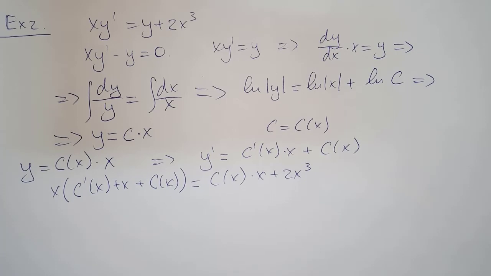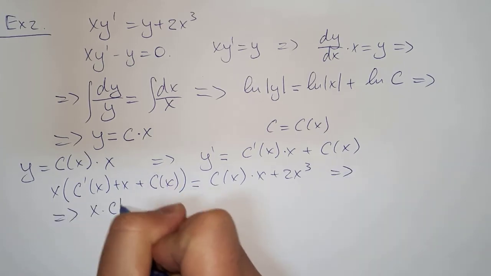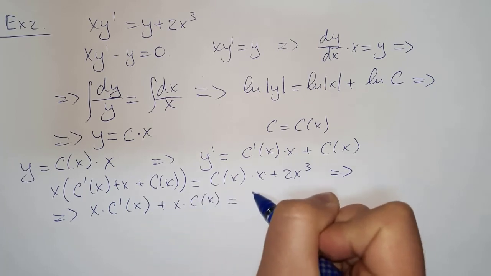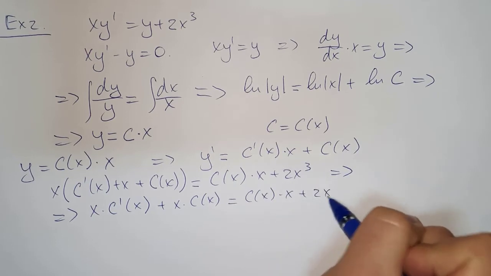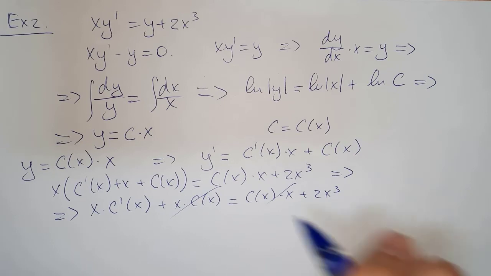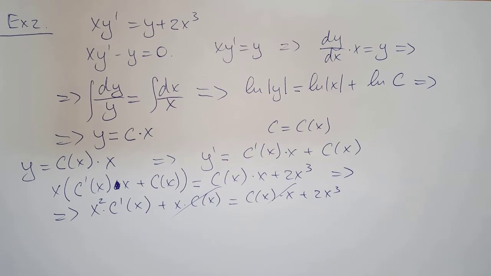Okay, so do we have common terms? Yes, we have. x times c prime x plus x times c of x equals c of x times x plus 2x cubed. They are cancelled, and hence we'll get x times c of x, not plus, just multiplication, so it will be x squared c prime of x equals 2x cubed.